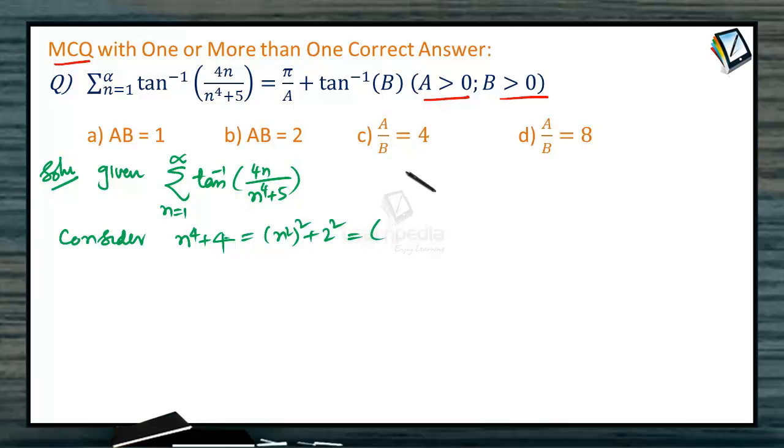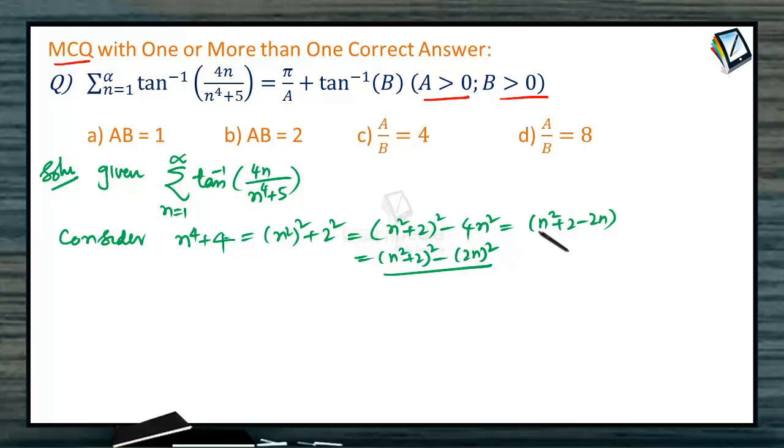A square plus b square can be written as a plus b whole square minus 2ab. Therefore, this can be split as n square plus 2 whole square minus 2n whole square, because 4n square can be written as 2n whole square.